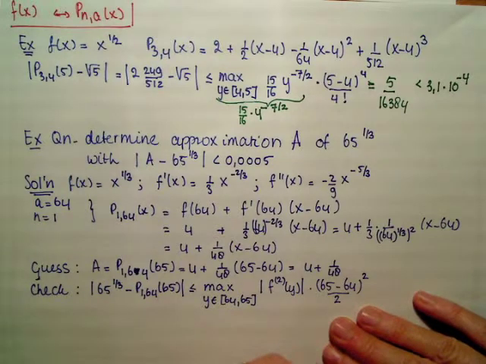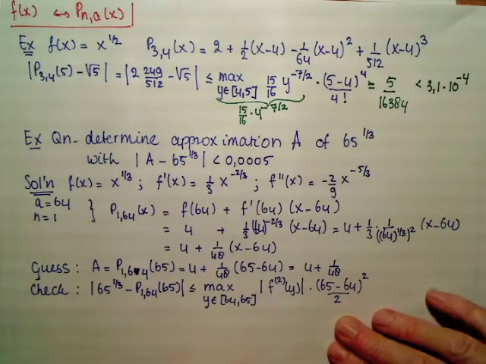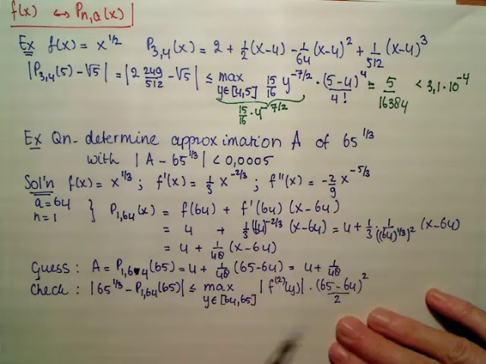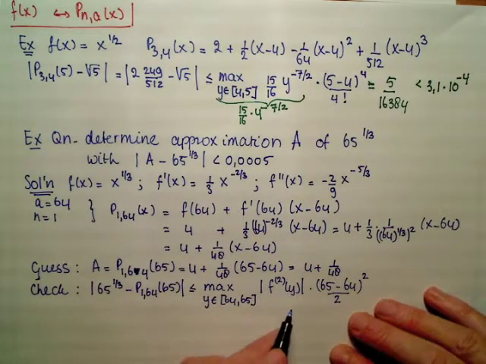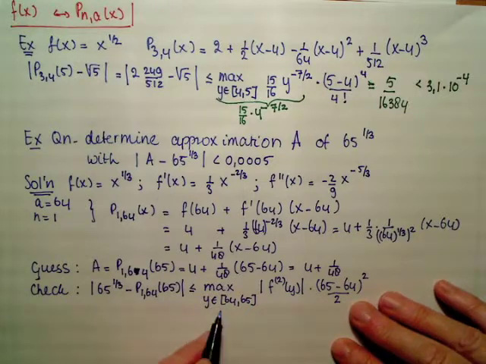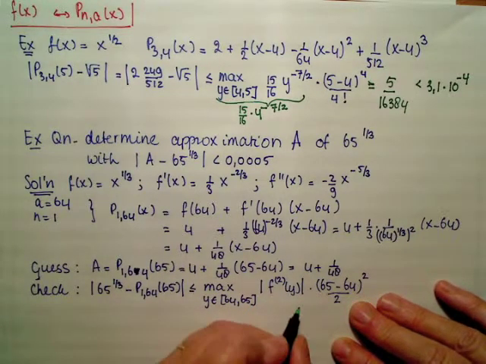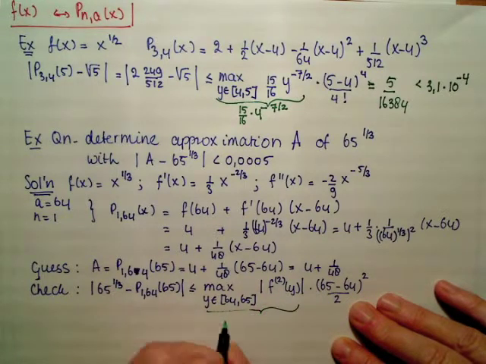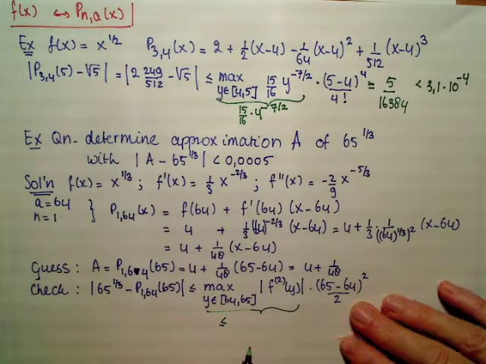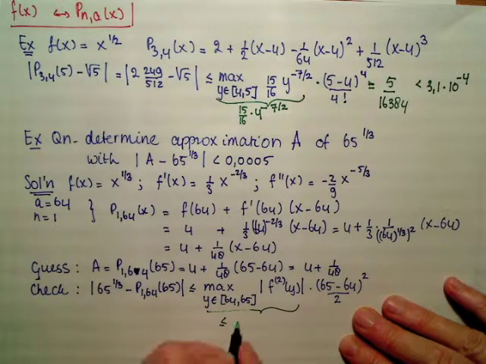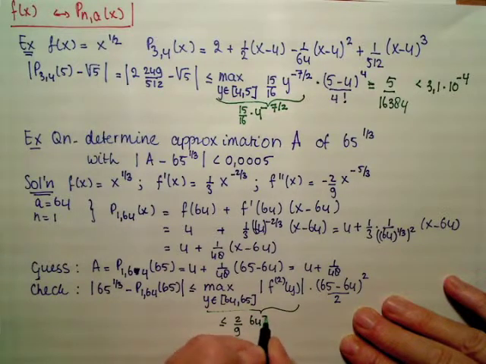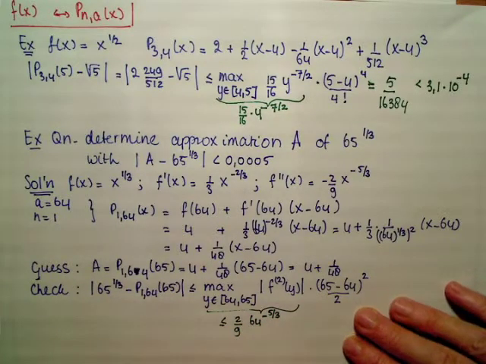We have a negative power of x, which is decreasing as x increases, so the maximum value of the second derivative is taken at the minimum value of y. So this maximum is less or equal to the value of the second derivative at 64 in absolute value, so we get 2/9 multiplied by 64 to the power minus 5 over 3.